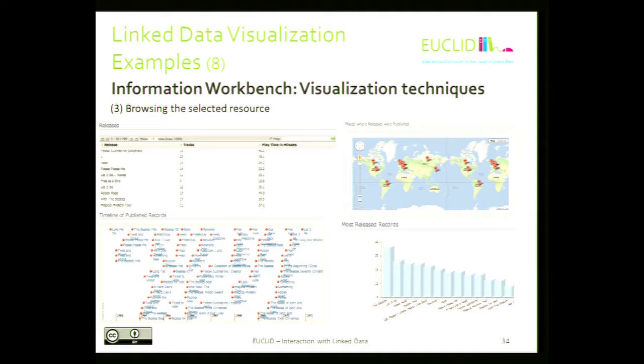So for example, here we have a table showing Beatles releases, their number of tracks, and their total playtime in minutes. We have a Google map showing countries where their releases were published. We have a timeline with all their releases, and we have a bar chart of the most popular records.